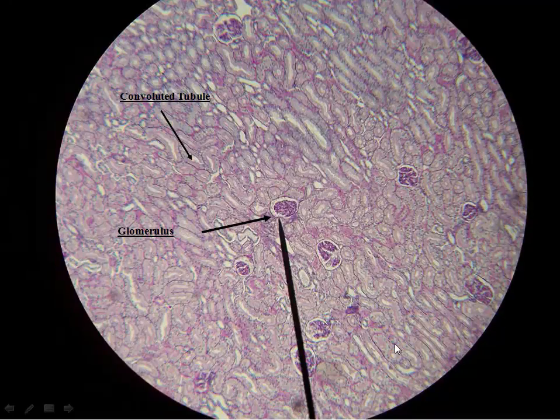Now here again we have a slide, and I particularly want to show this because during the practical exam or practical courses you will observe this kidney section, and many times we focus such a pointer on a glomerulus in a kidney and ask you to identify the structure.